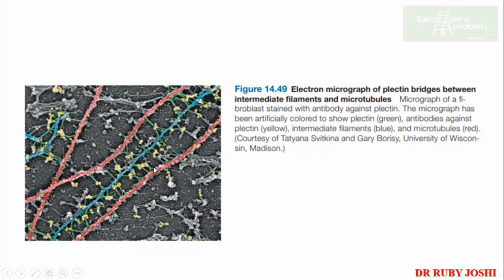This is the connection which shows how microtubules and intermediate filaments are connected. Those green-yellow things are your plectin. Okay, did you get it? This shows how plectin is helping in making the connections with the microtubules as well as the intermediate filaments.